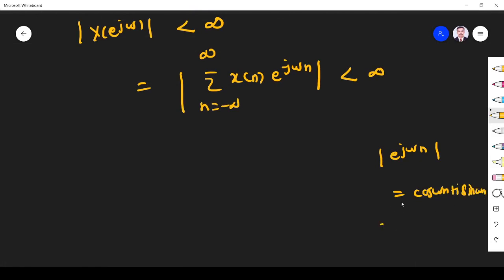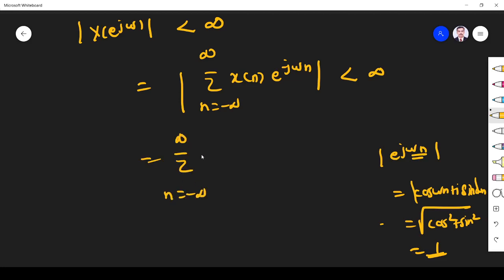The magnitude of a plus ib is the square root of a squared plus b squared. So cos squared omega n plus sin squared omega n is 1. So mod e power j is 1. I bring the modulus inside, so the summation of mod x of n should be less than infinity. This is the condition for existence of DTFT.